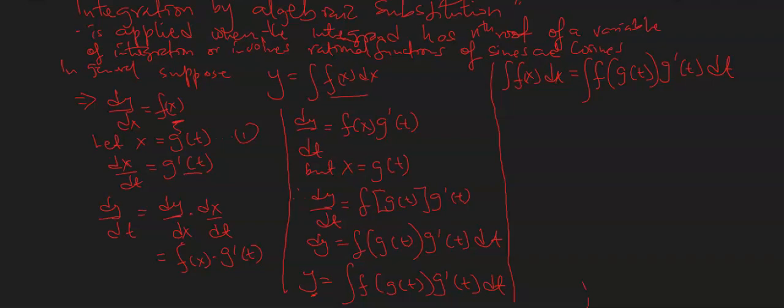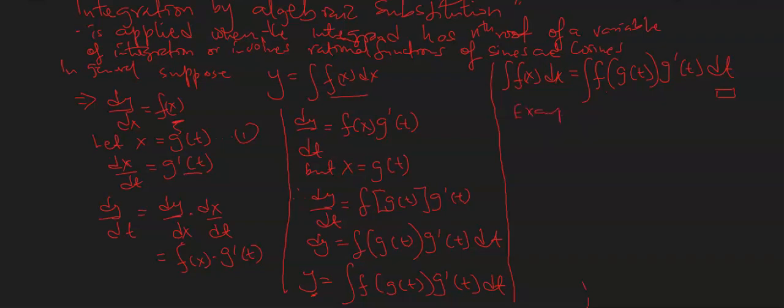And you can see on the left hand side, we no longer have the variable x. We have our new variable t. And we have finally substituted x with another new variable t.